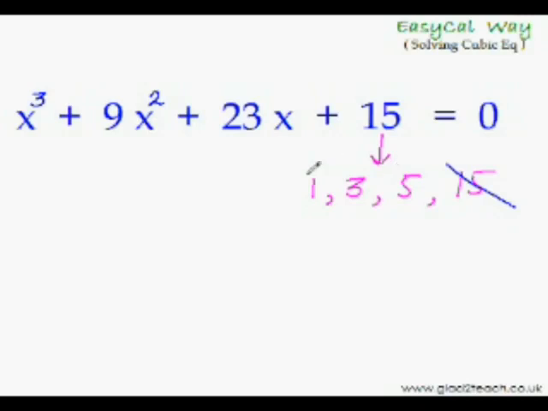So that means these are the three factors, isn't it? 1 plus 3 is 4 and 4 plus 5 is 9. So now we just have to change the signs. So it becomes -1, -3 and -5. That's it, question solved. The three roots of this cubic equation are x equal to -1, x equal to -3 and x equal to -5.